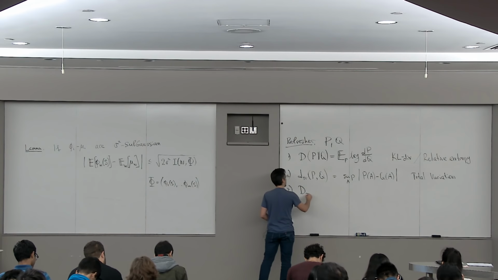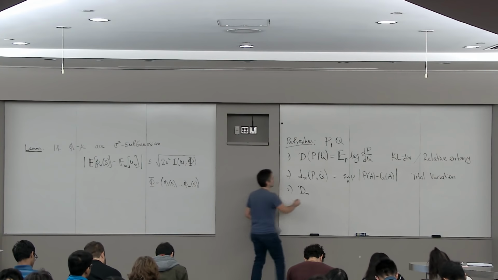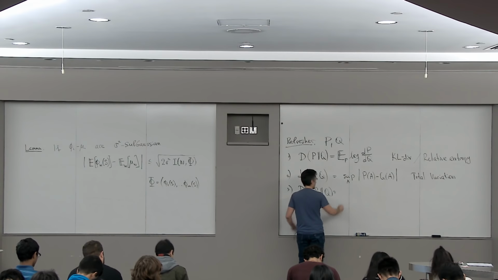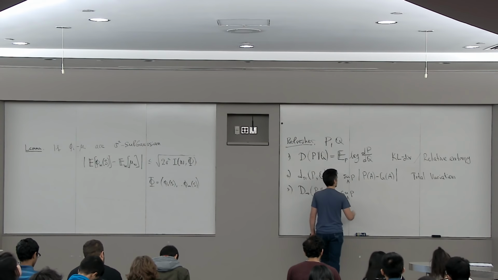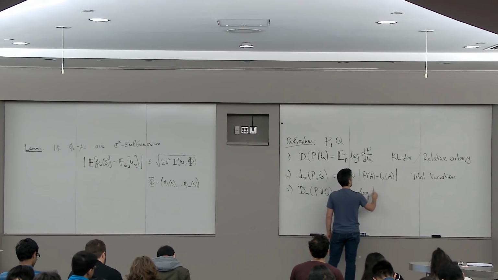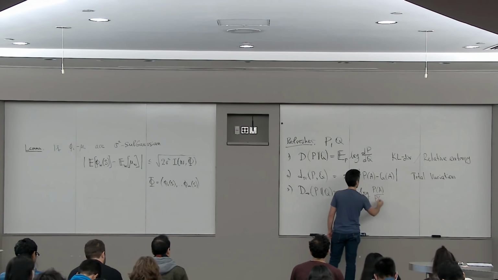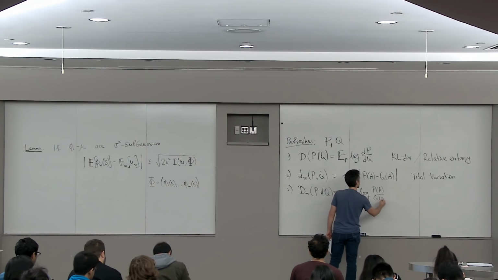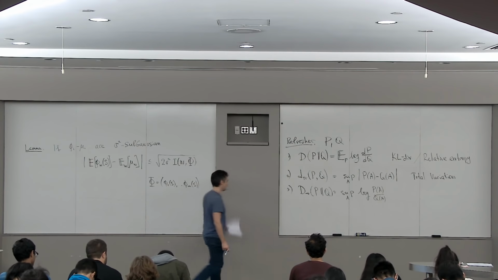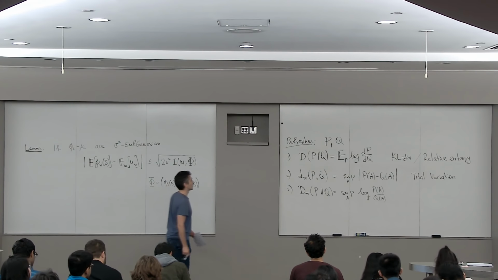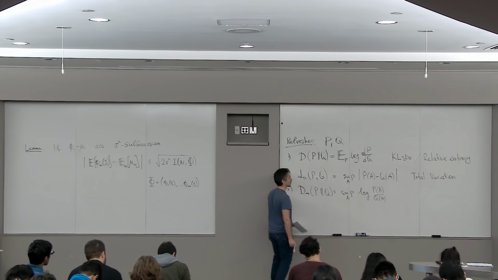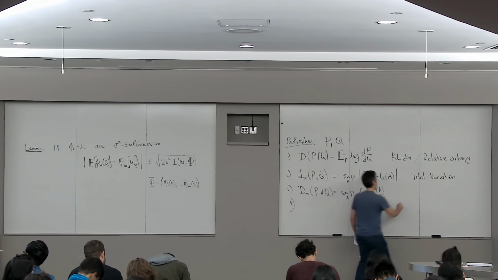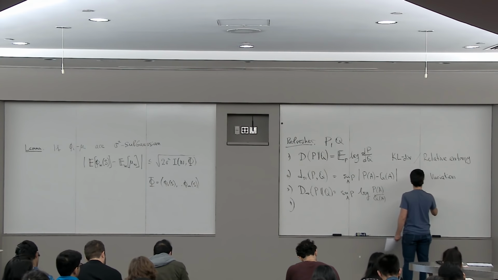Let me give you a few more. Let's define max divergence between P and Q as the sup over A of log P(A) divided by Q(A). So this is max divergence.